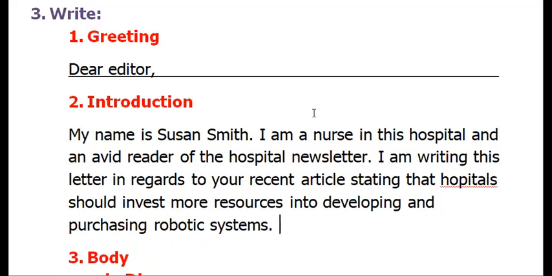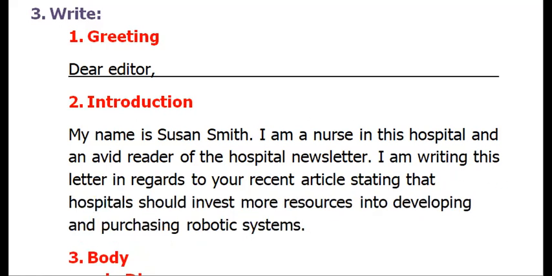It's a good idea to think of synonyms as much as you can. So instead of put more money or spend more money, we said invest. Instead of buying or equipping themselves, we said purchasing. Okay, so try to use synonyms because it's a good way to boost your vocabulary score, because vocabulary is one of the criteria you're being marked on.